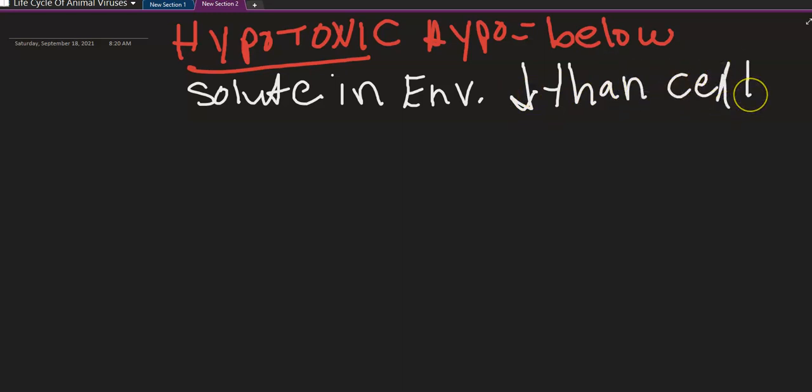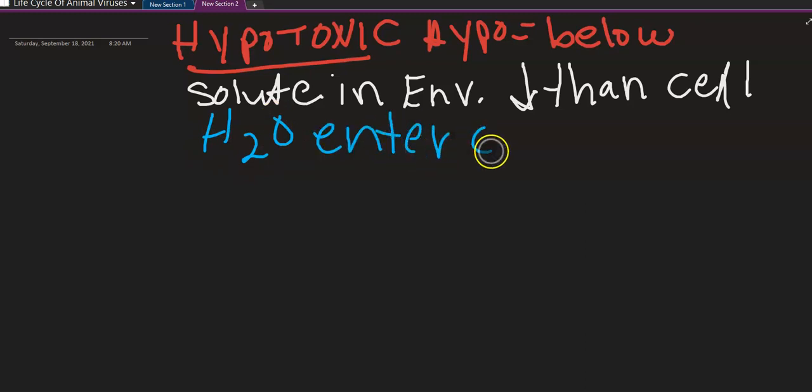Okay, it's going to be lower than in the cell. And our water is going to enter the cell.